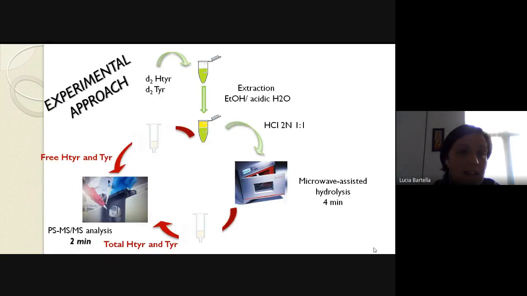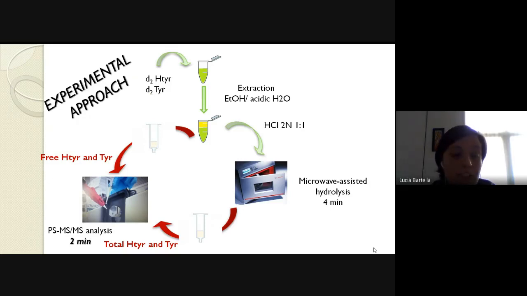And this is the experimental approach. After the adding of labeled internal standard, we can quantify the free fraction of the two simple alcohols and the total fraction of tyrosol and hydroxytyrosol after a fast extraction and a fast microwave hydrolysis for 4 minutes.